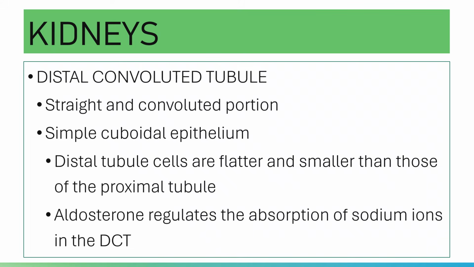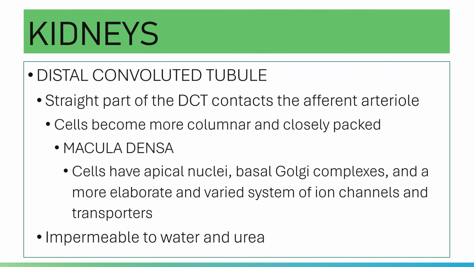They also have fewer mitochondria than the cells of the PCT, making them less acidophilic. Please note that the DCT is related with aldosterone, because aldosterone regulates the absorption of sodium ions in the distal convoluted tubule.